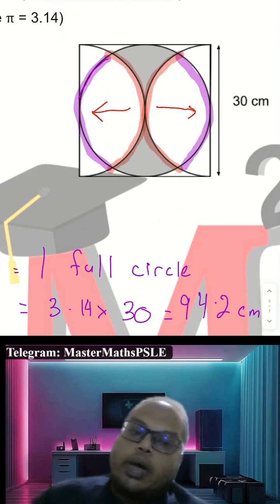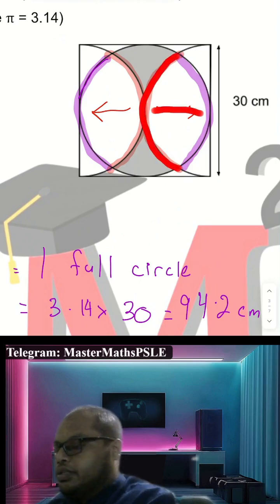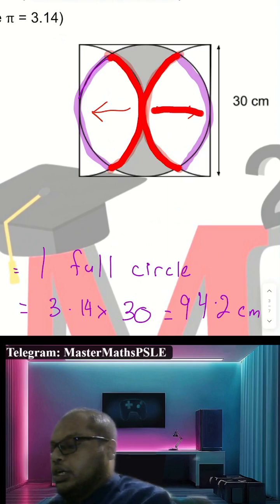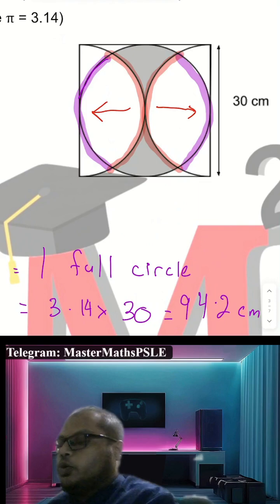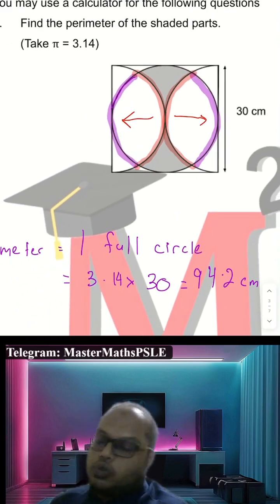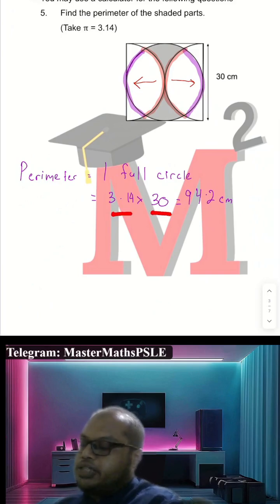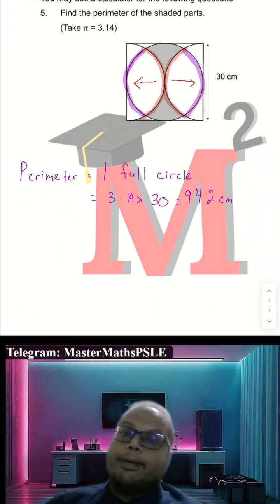Instead, what I can do is transfer this to the other side. Same thing here, transfer to the other side. So now you will get a full circle. Okay, so just find one full circle. Pi times diameter, 94.2 cm.